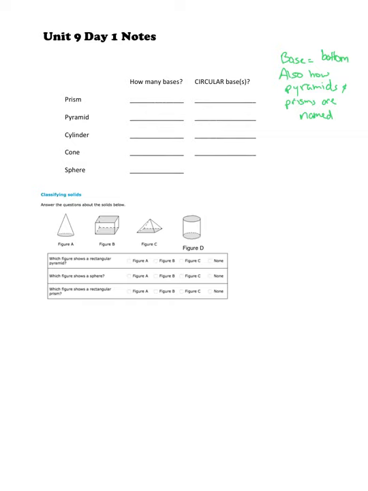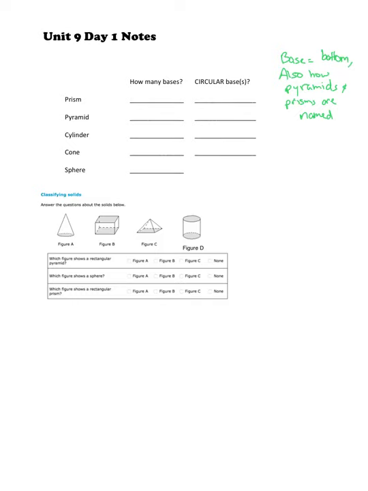It is not on the base. So base is usually the bottom, but we're going to mess with your heads. We're not going to put a triangular prism standing bottom to top all the time. We'll do it sideways. So base is the bottom sometimes, and also how pyramids and prisms are named.